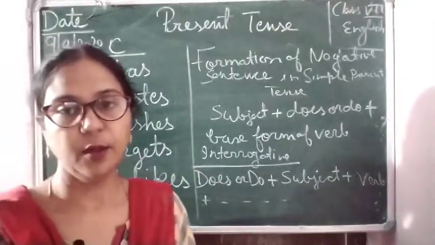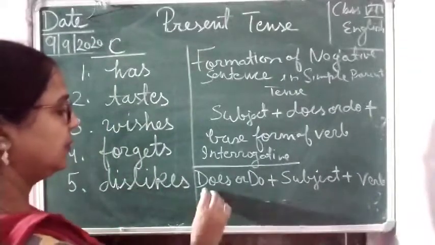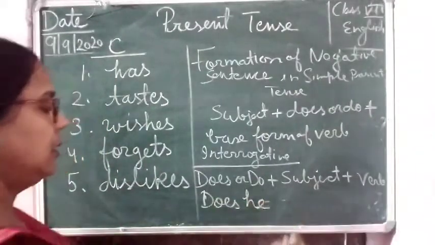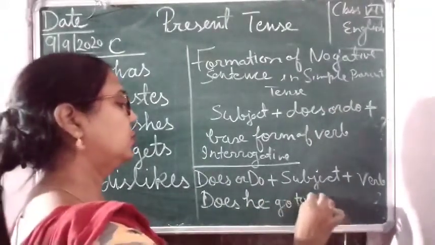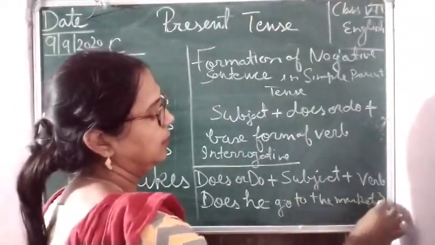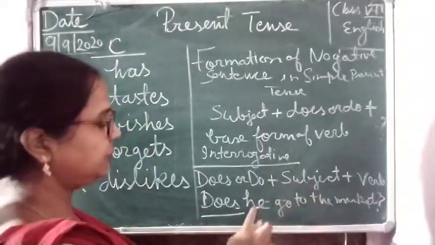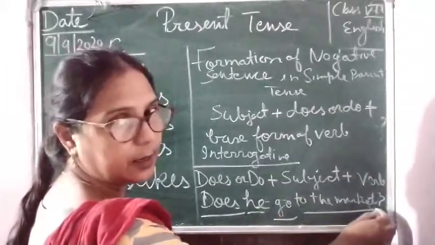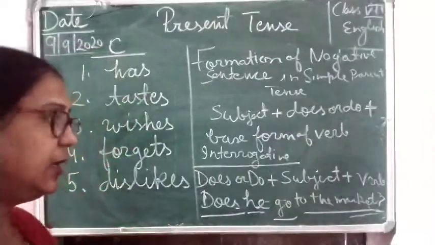So if we are going to see the example, so you can see, does he go to the market? Now here you can see does at the first place, then subject, then verb, and after that other words of a sentence.